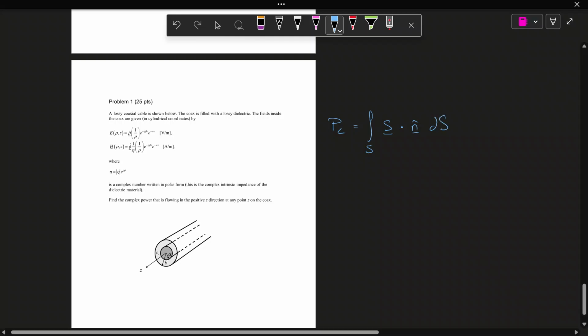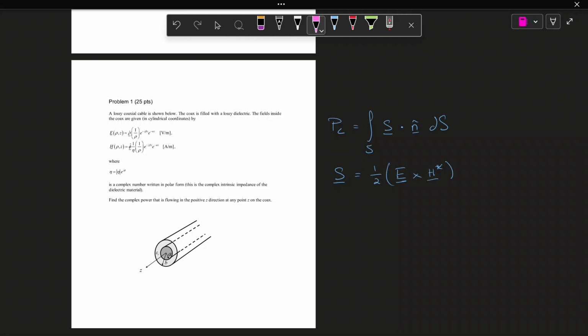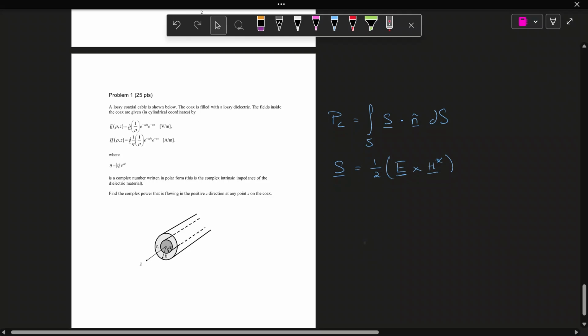But we introduce a new variable, S, your pointing vector. S is equal to 1/2 multiplied by the E vector, your electric field vector, cross product with the conjugate of the magnetic field vector. So these two equations you'll be using a lot, especially in this first one. You'll always use these equations.